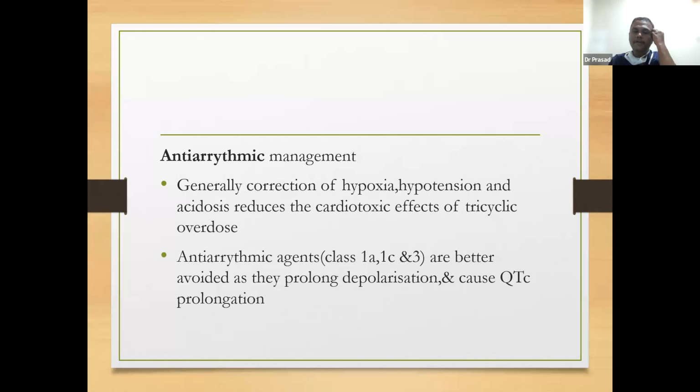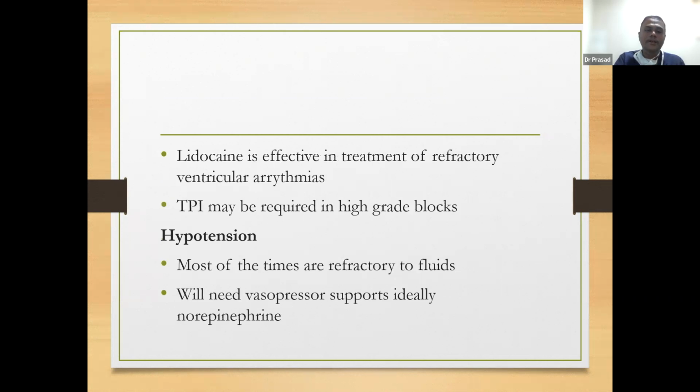So class 1A, 1C, and 3 antiarrhythmic agents are not recommended in anticholinergic overdoses. Lidocaine is effective in treatment of refractory ventricular arrhythmias. Pacing may be required in high-grade blocks. Hypotension, most of the time, is refractory to fluids and will need vasopressor support, ideally norepinephrine.